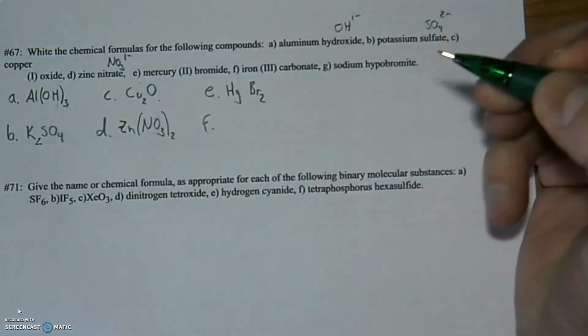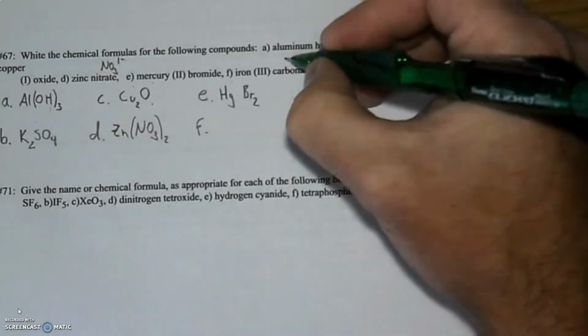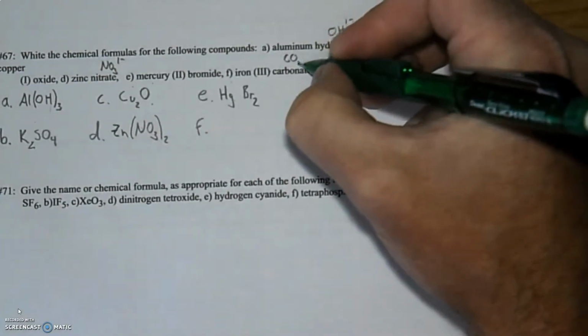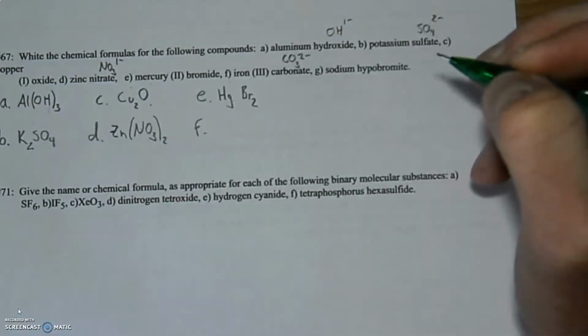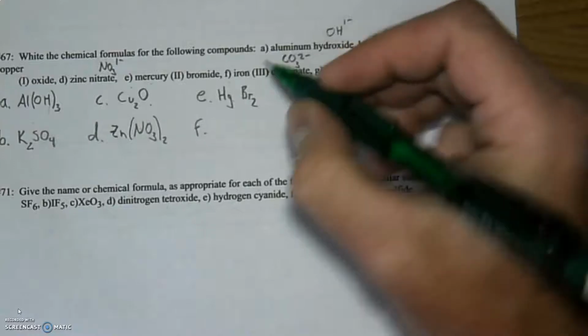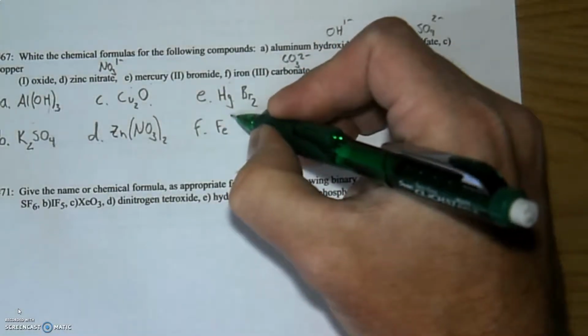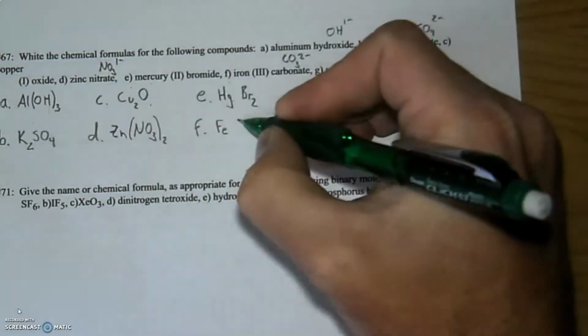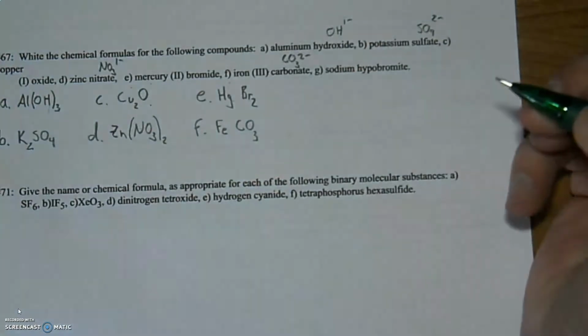F. F is iron 3 carbonate. So this one's kind of messy. Carbonate, you should memorize. CO3, 2 minus. And then iron 3, so I know it's 3 plus. So let me just start this out. Iron, keep in mind there's a 3 plus, so I'm not going to write it. Carbonate, I'll leave a little space. CO3.